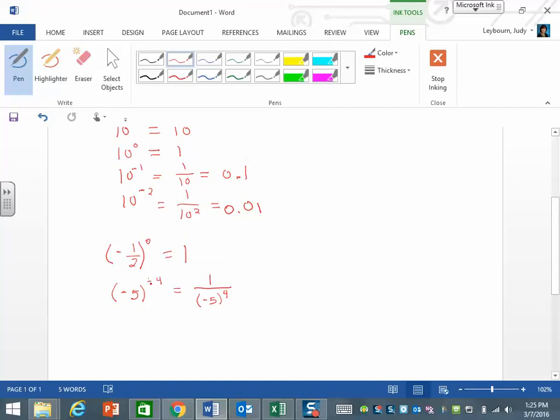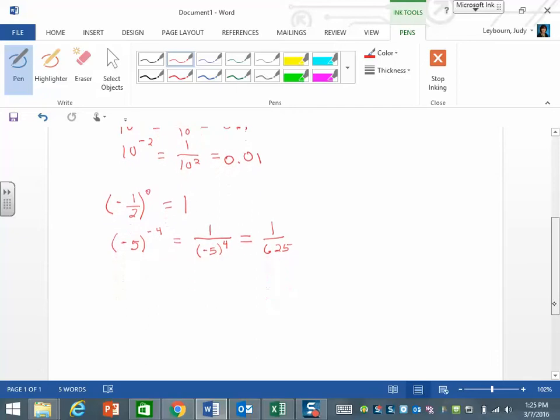So that negative exponent does not mean that anything is going to be negative. It means that we're taking a reciprocal, just like it did for 10 to the negative second. It's the reciprocal of 10 squared. And so we could simplify this now and say that it's 1/625.